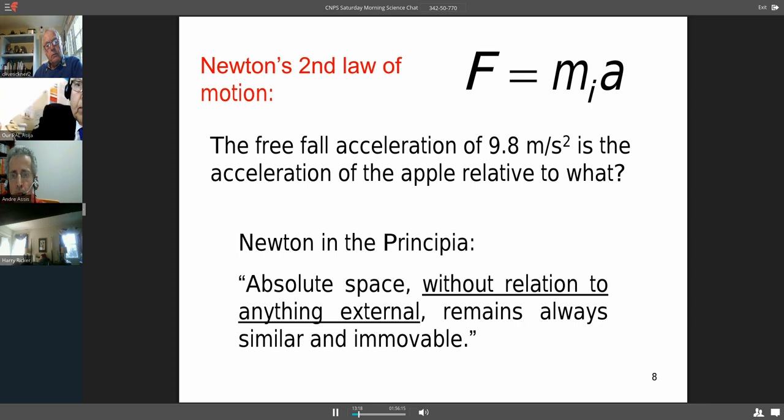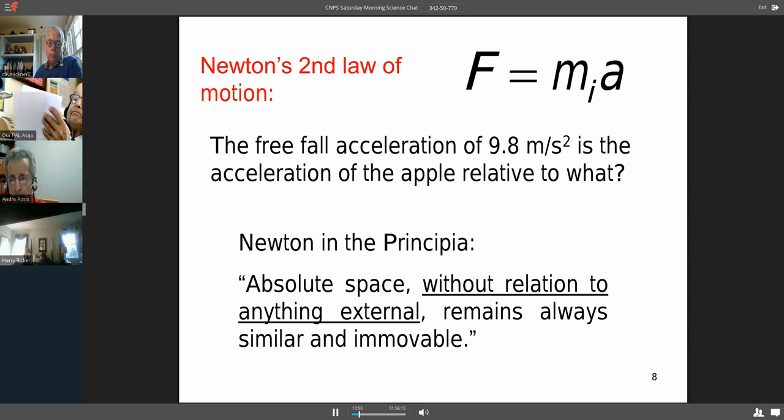This acceleration of 9.8 meters per second squared is the acceleration of the apple relative to what? Well, we might say it's obvious. It is the acceleration of the apple relative to the ground where we are performing the experiment. But Newton said no. In his laws of motion, we should utilize the frame of reference of absolute space.